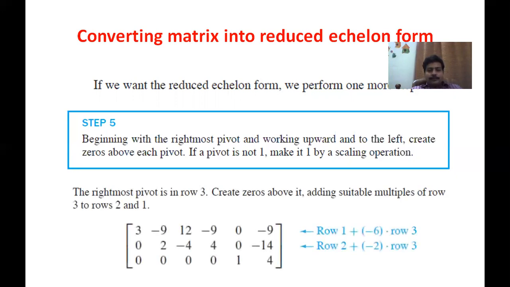So here it is already 1. Using this 1, we make these two zeros by using these two row operations. Similarly, we can make this one 1 by dividing the second row by 2.